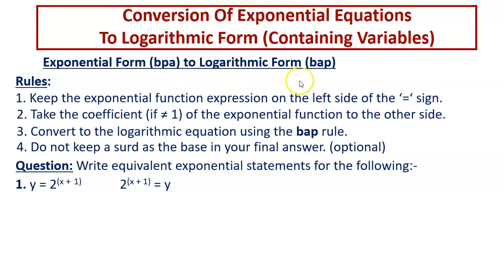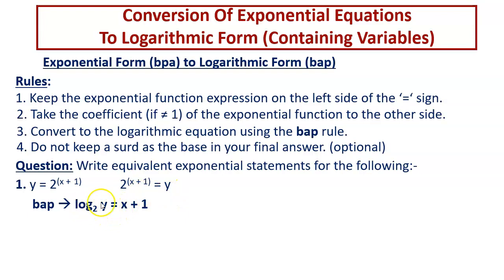And we have to convert it to BAP, where B is the same base. So it will be starting with this word log, because it is a logarithmic equation. It will be starting with this word log. The base is 2, which is the subscript. The product, sorry, this is not the product, this is the answer. Answer becomes the argument.